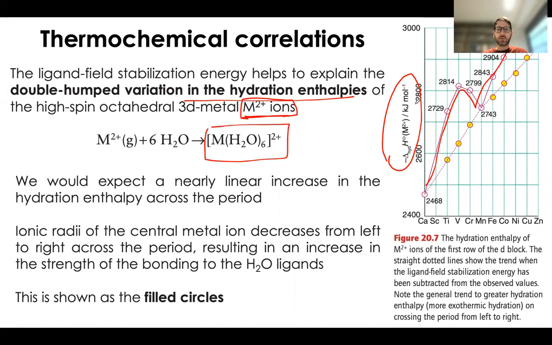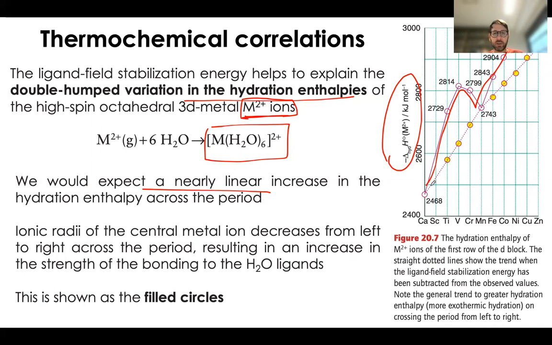If we only considered the size of the metal cations, we would expect only a linear increase, in which with the decrease in size, an increase in the hydration enthalpy would be expected as a result of the increased interaction between charges of opposite signs due to the electrostatic interaction.